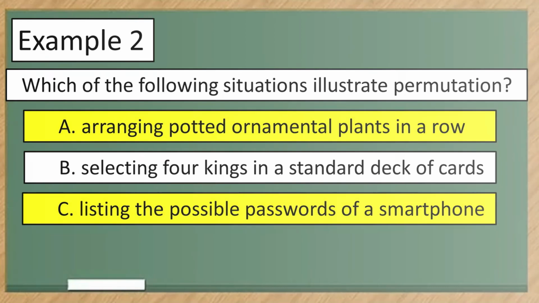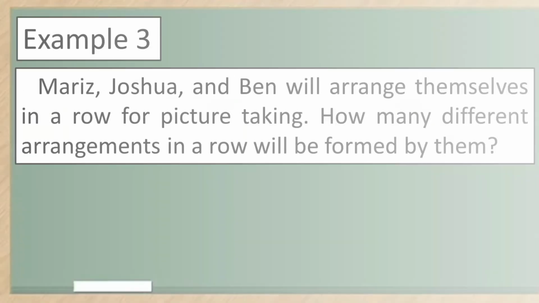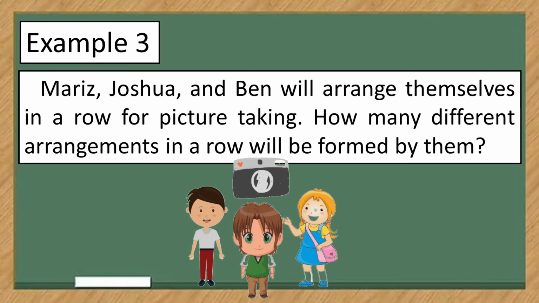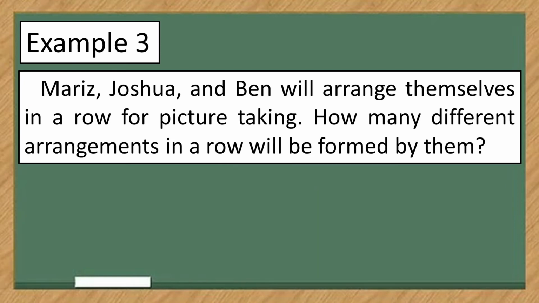Example number 3. Maurice, Joshua, and Ben will arrange themselves in a row for picture taking. How many different arrangements in a row will be formed by them? Aside from the tree diagram, another way to find the number of arrangements is through the listing method. The whole set must be enclosed with braces and each element must be separated by a comma.